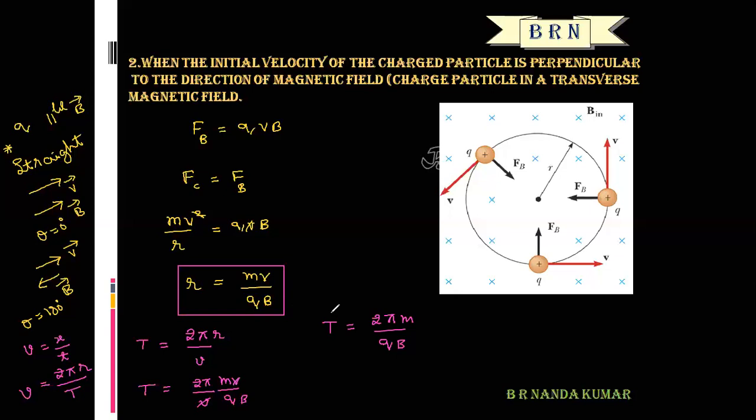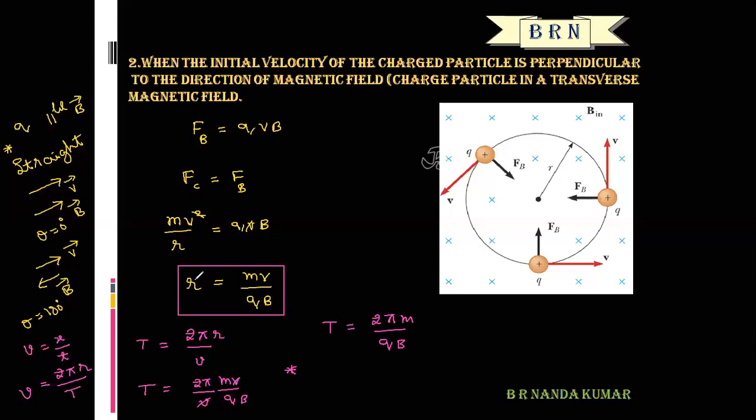So how does the time period of a charged particle depend on the speed and radius? This point is very important. Actually here the mathematical expression for radius is r equal to mv divided by qB.